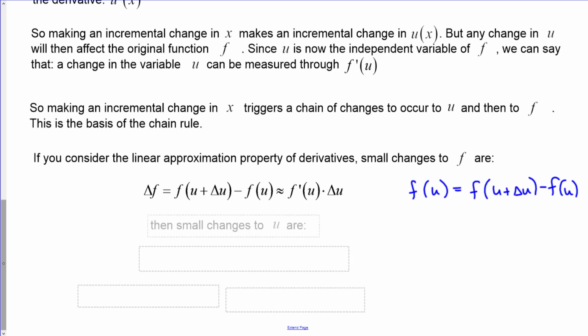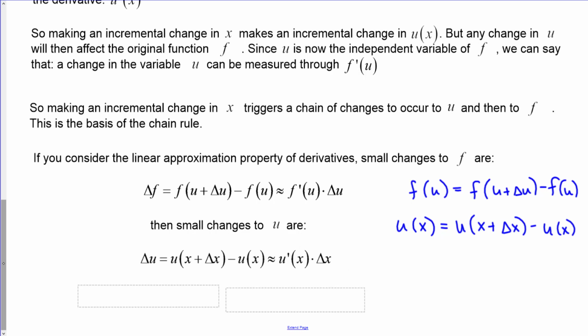Now, if that's true, then u is also a function of x. So if u is a function of x, then small changes to u would be measured through something like u of x plus delta x minus u of x, which can be approximated with the derivative evaluated at x times delta x.